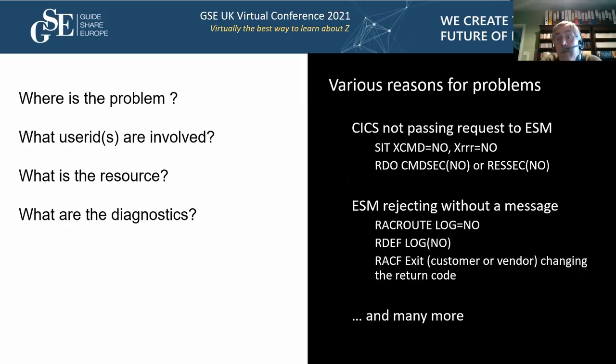And the ESM can be defined so that it doesn't put out messages for ICH. You can specify in the definitions that you don't want anything logged. CICS can also do that itself in certain circumstances, like the query security command. And there are the RACF exits, and also the additional complications where you've got multiple security managers. It's very difficult to see what's going on there.